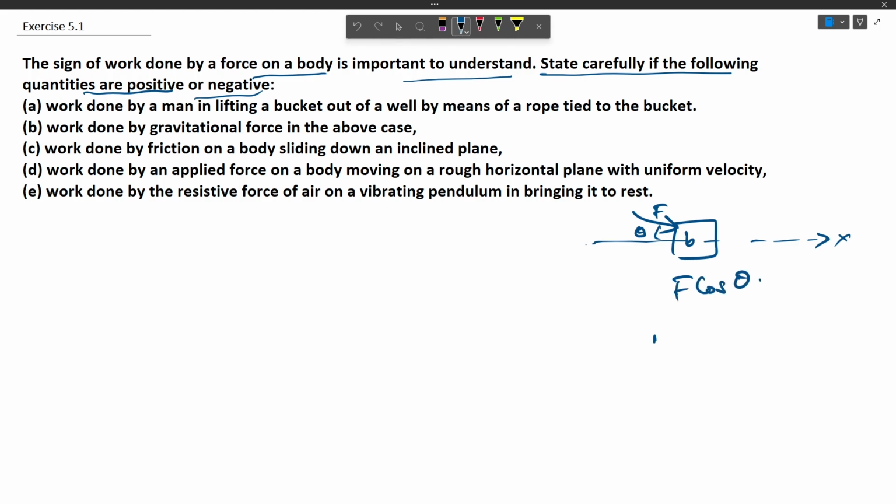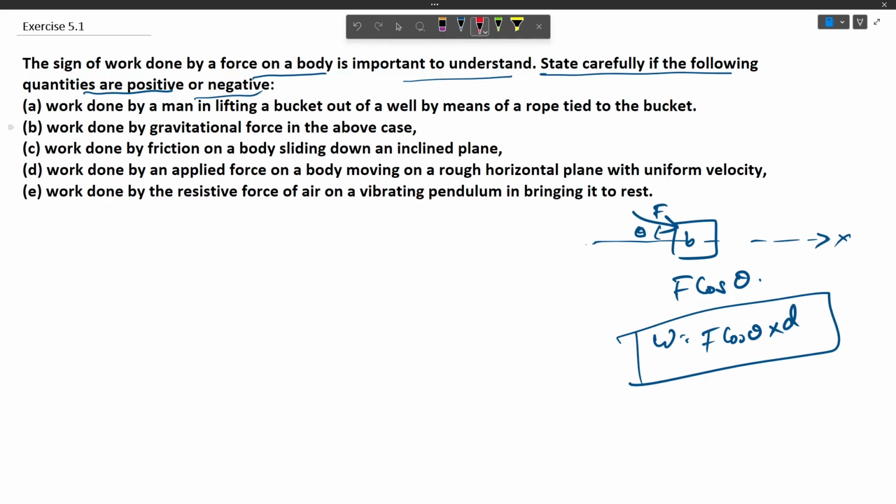So the work done would be defined as F cos theta multiplied with D. So work done is the product of the component of force in the direction of displacement with its displacement. With this definition, let us work out the examples that are given.